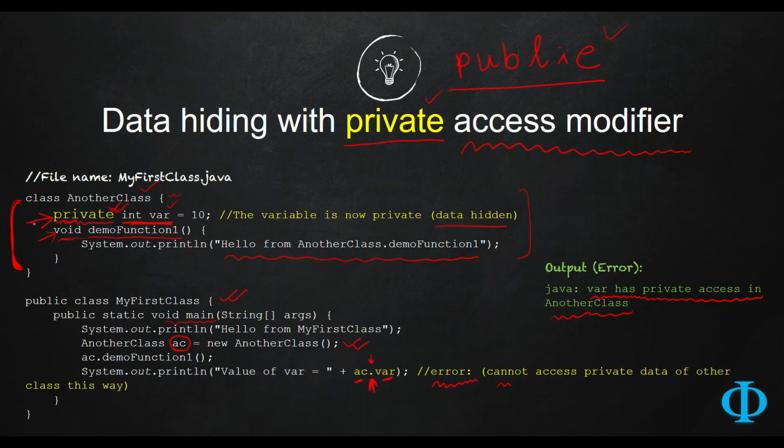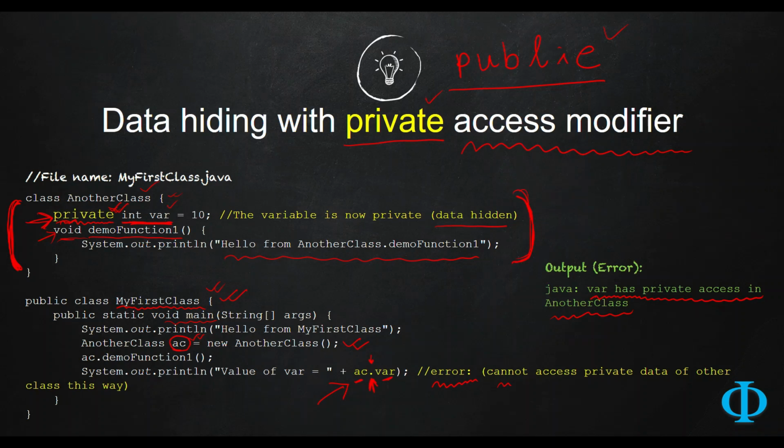Private means this member var is private to class AC, and you cannot access it from outside. And here the object is being created inside another class called my first class, that is outside class AC. Since this is an entirely different class, you cannot access it just like this, and you will end up in an error.